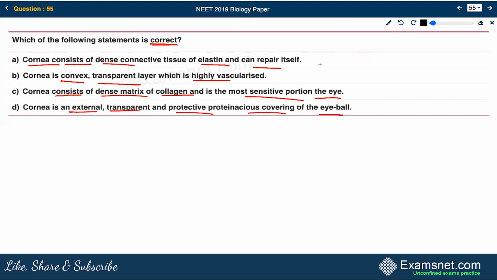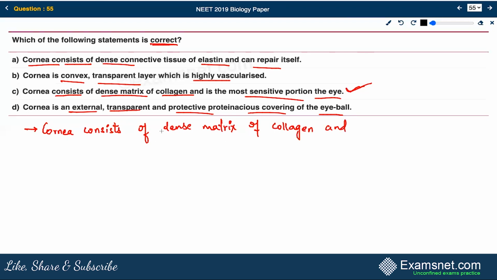So out of all these four statements, this third statement is considered to be the correct one. So the statement will be that cornea consists of a dense matrix of collagen and corneal epithelium.